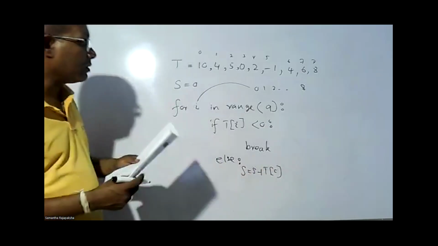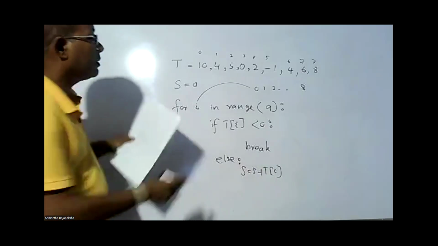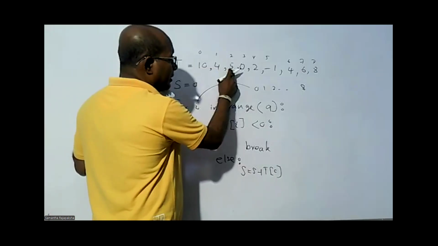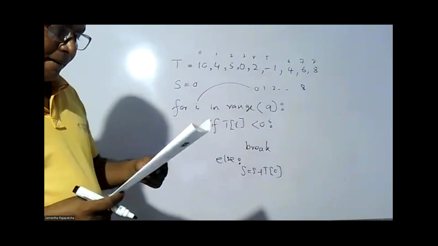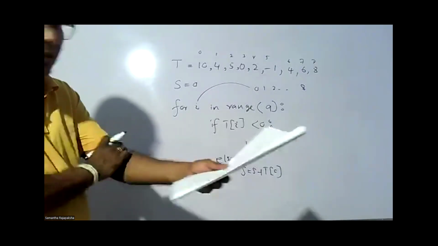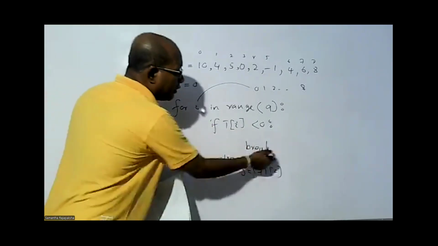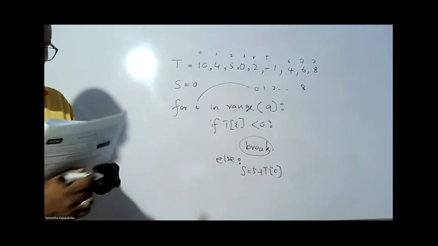That means each positive value will be added, up to the negative number. That means 10 plus 4 is 14, 14 plus 7 is 21. So the answer is 21, because it adds only the numbers up to the negative number. When it is negative, break. Break means exit the loop.